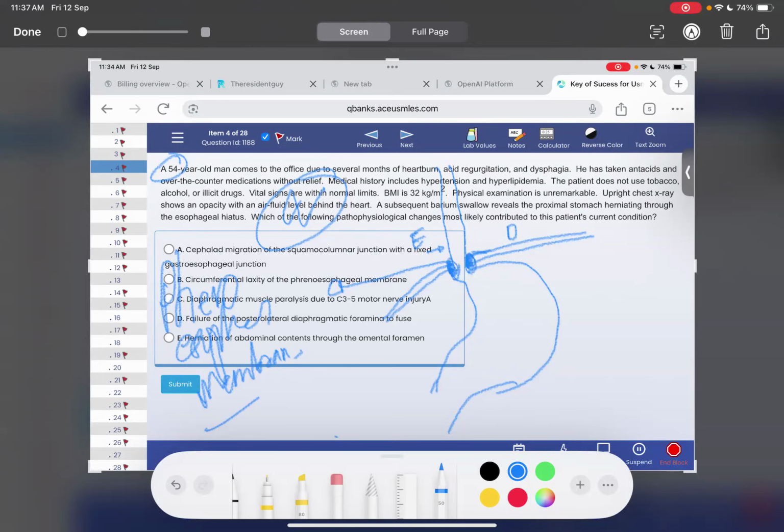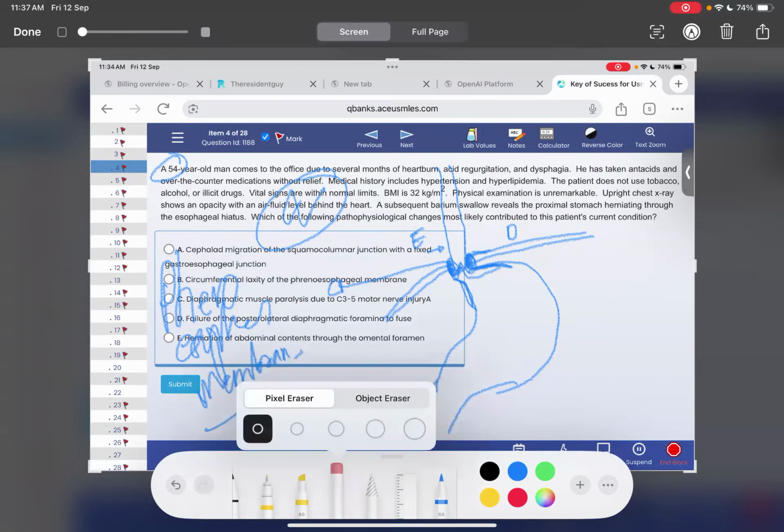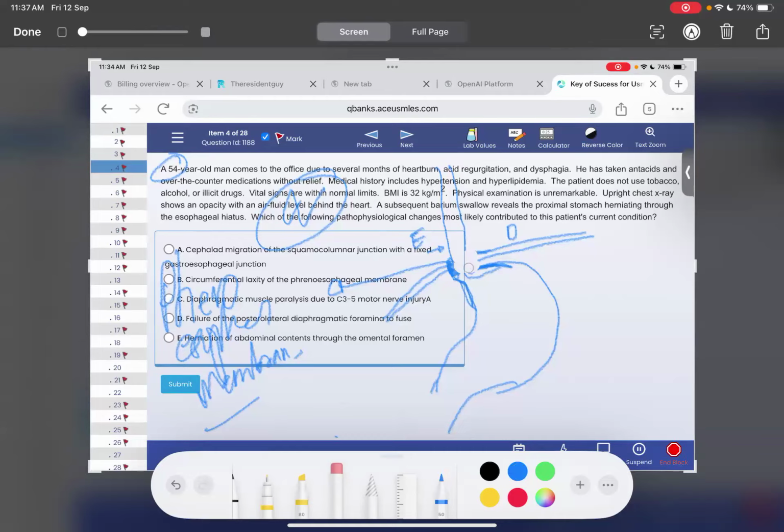Number one: whenever this membrane relaxes or loses tone, this part of the stomach goes into a relaxed state, like this, up into the chest. Do you get the point?